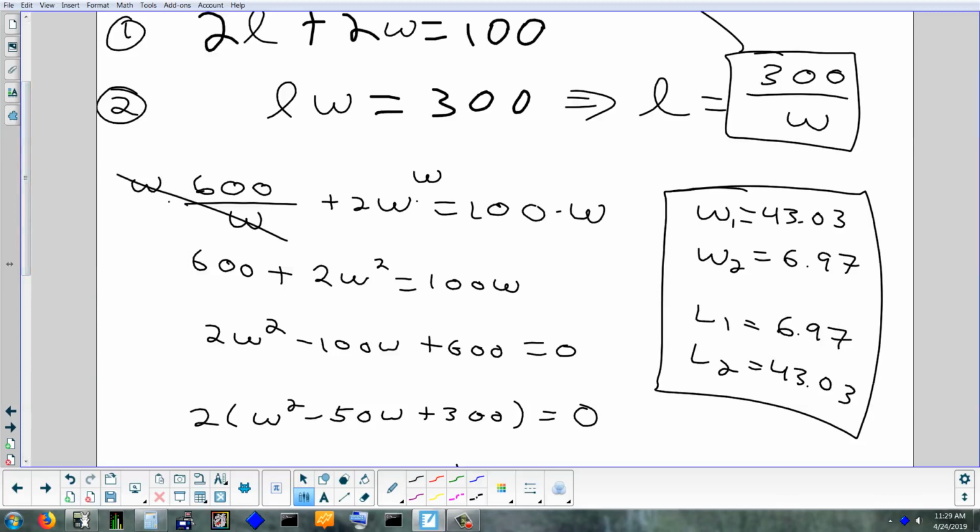So when they ask you to find the dimensions of the length and the width, there really are 2 answers, but what's the difference between the 2 answers? Like if you were to actually draw those two rectangles out? What would be the difference? Yeah.